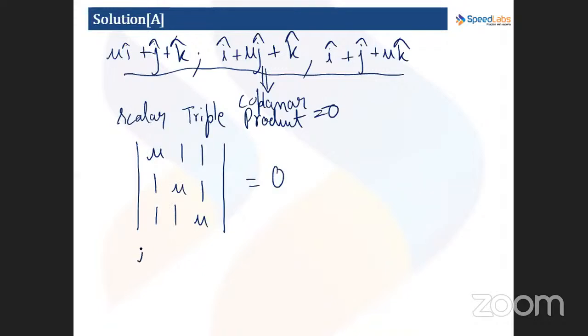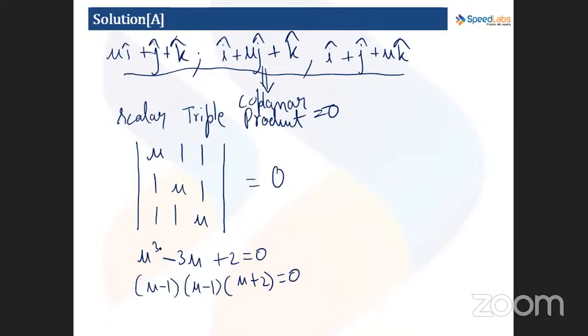So this is mu cube minus 3 mu plus 2 equal to 0. Now by hit and trial I'll get one root as 1. So I'll factorize this as (mu minus 1)(mu plus 2) equal to 0. So we are getting two values of mu: mu equal to 1 and mu equal to minus 2.